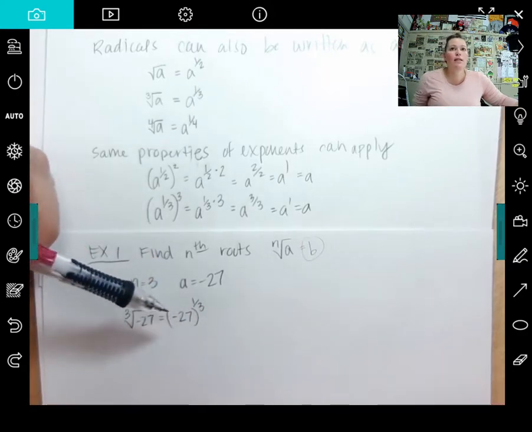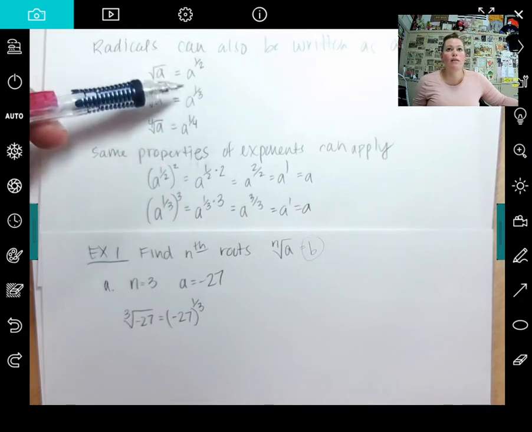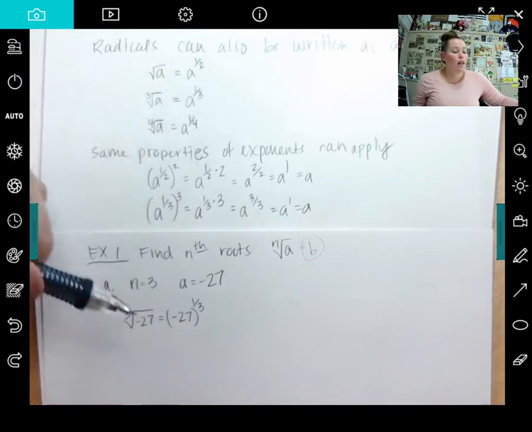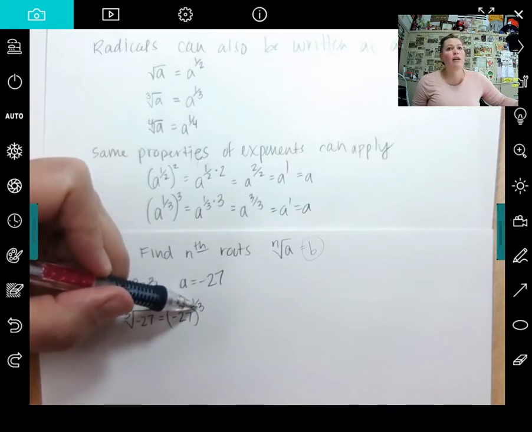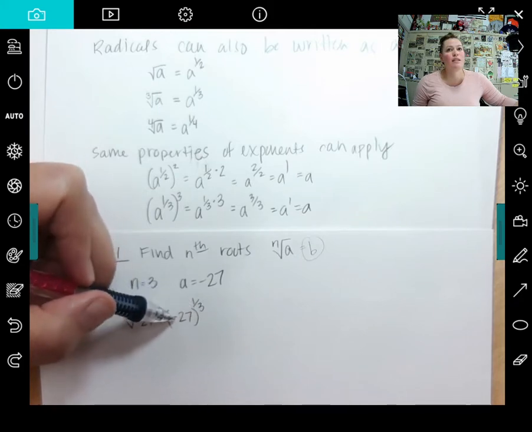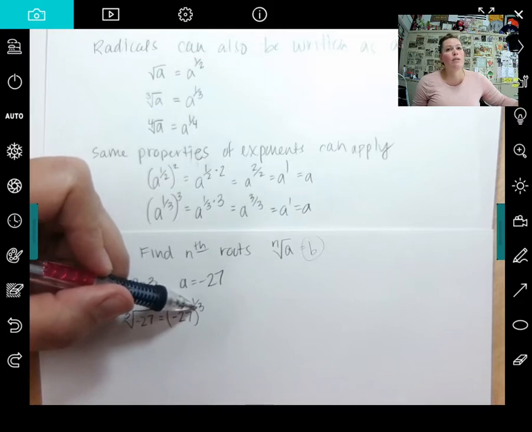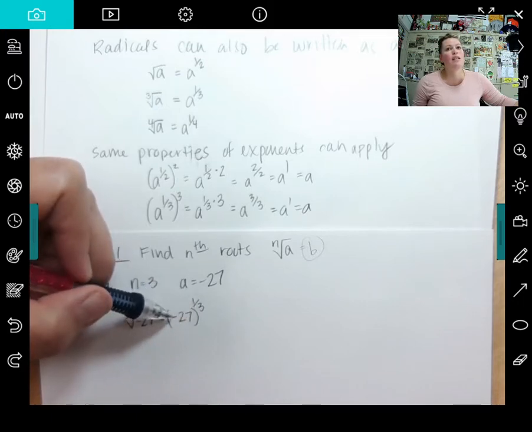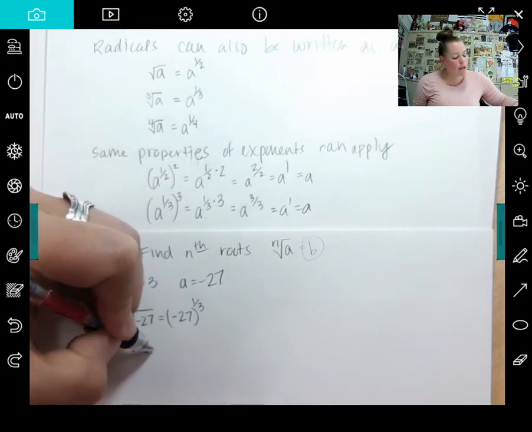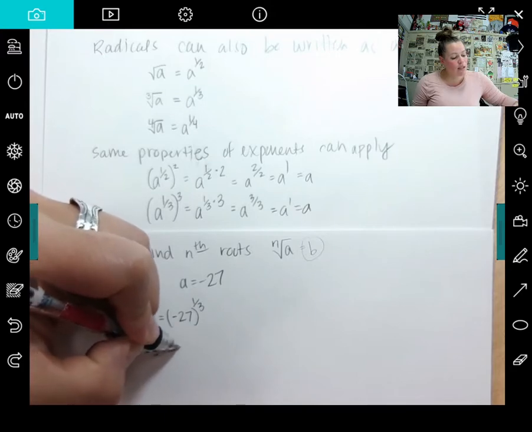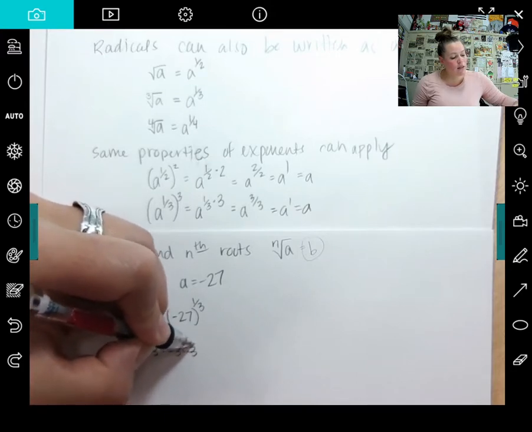I told you guys I was going to explain what the fraction meant more. The fraction means we take this many pieces of whatever number can be multiplied this many times to give us this. So what number can be multiplied 3 times, so times itself 3 times, to give us negative 27? Well, the only number that would work there is negative 3 times negative 3 times negative 3.